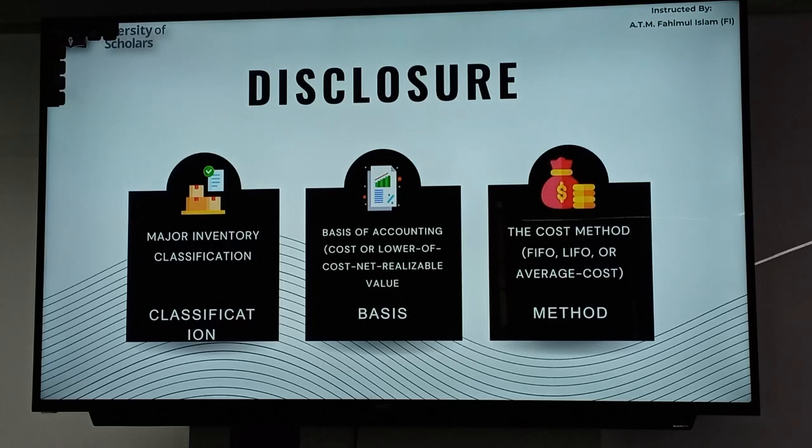If we used the cost method, then we must mention the cost method we used, either FIFO method or LIFO method or average costing method. Whichever it is, we must mention and explain the reasoning behind our costing method in the disclosure section.